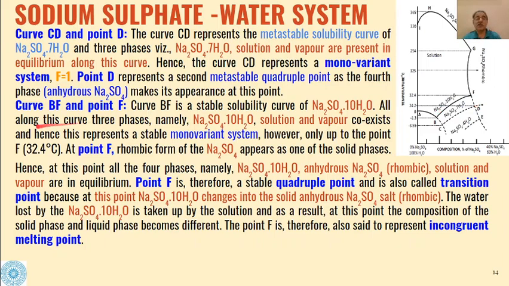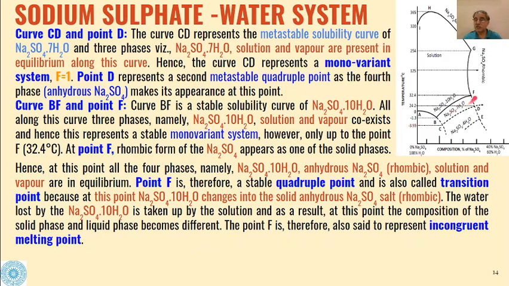And then the curve BF, this curve is BF, and here at equilibrium we will be having sodium sulfate decahydrate, solution and vapor phase, they will be coexisting.